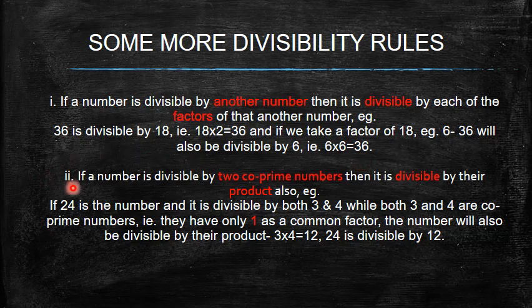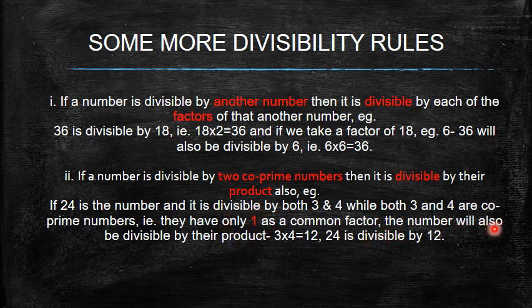Another rule is, if a number is divisible by two coprime numbers, then it is divisible by their product also. What are coprime numbers? We just revised in the previous slide. If 24 is the number and it is divisible by both 3 and 4, 3 and 4 are coprime numbers because they have only one common factor, that is numeral 1.